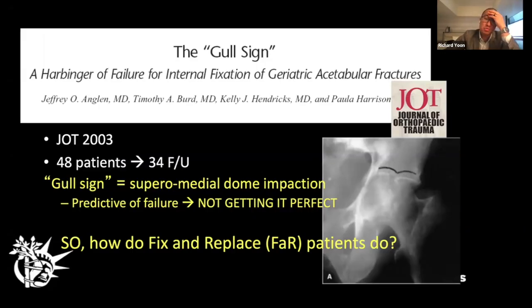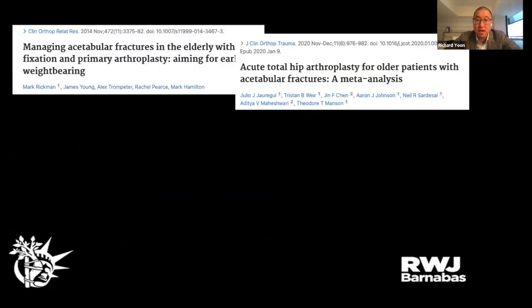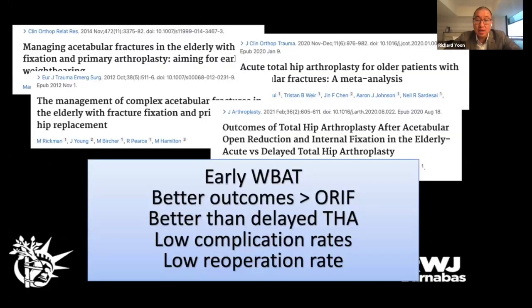When it comes to looking at how the fix and replace patients do when you have acute arthroplasty, the outcomes are pretty consistent. It doesn't matter which paper you look at over time, the outcomes are pretty similar. Early weight bearing is allowed, and there are variations of that in terms of foot flat weight bearing and heel slide versus early weight bearing as early as 4 to 6 weeks.